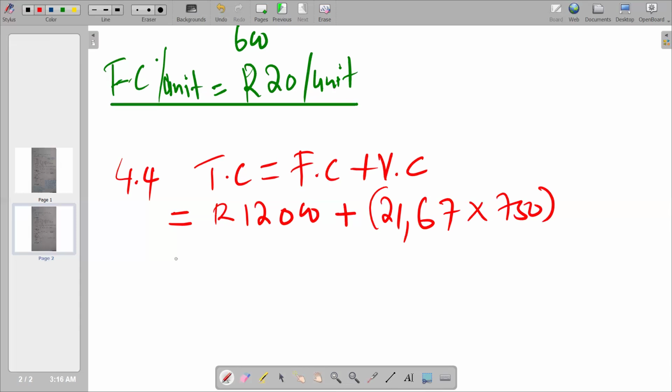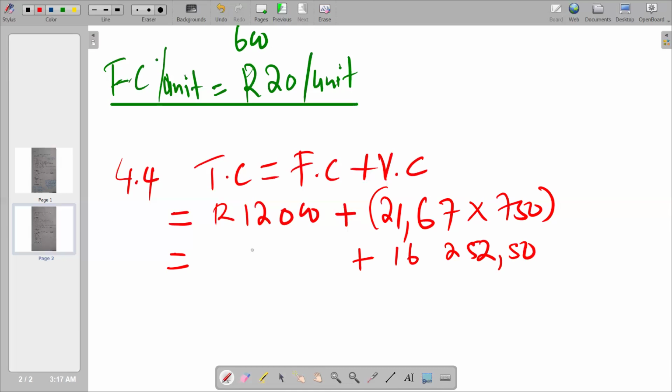So we calculate just like that, see what we get there. If you say 21 rand 67 cents multiplied by 750, you're going to get 16,252 rands 50 cents.